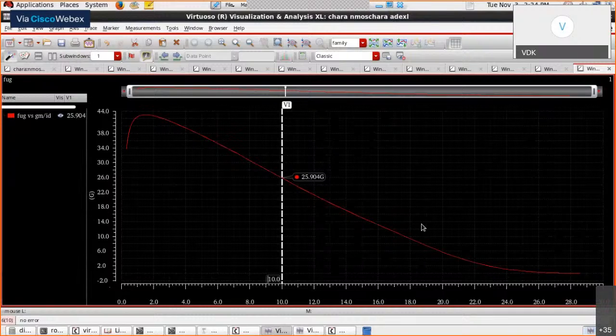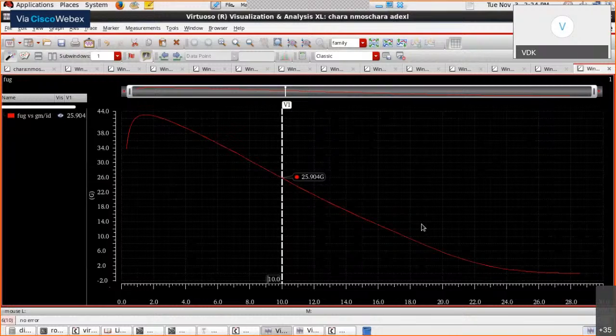So what does it mean? If I now pick this MOSFET and size it up, we'll come to how to set the W value. We have fixed L, we have fixed VGS, choosing GM over ID greater than the minimum required value, and then looked at self gain. It looks like self gain is large enough compared to the required circuit gain. Now we are looking at FT of the MOSFET.